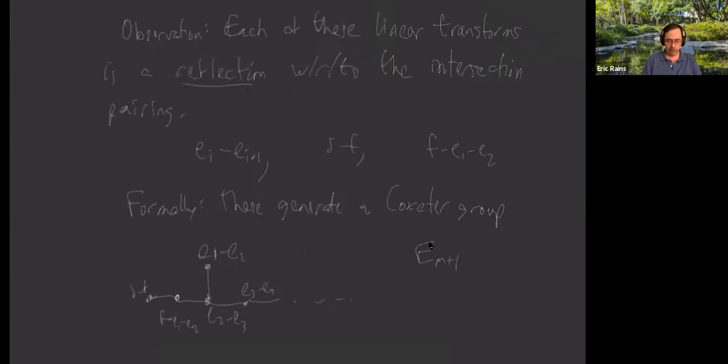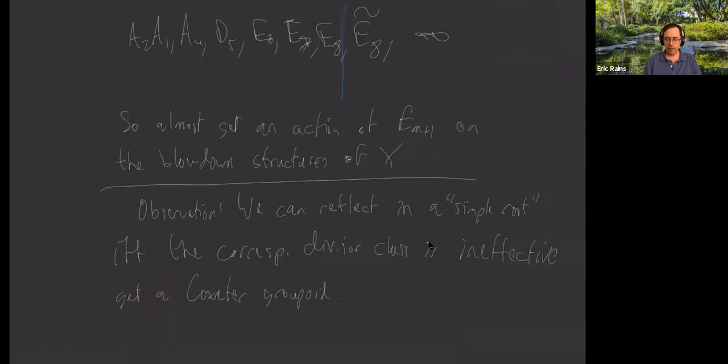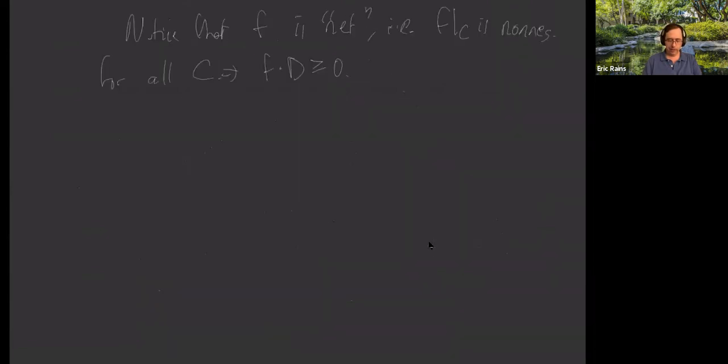Okay, now this group we have, well, if you're familiar with Coxeter groups, you'll notice that if we remove this funny root s minus f, what we're left with is just a D_m type root system. And in particular, if we don't use s minus f in our reflections, the process must terminate.